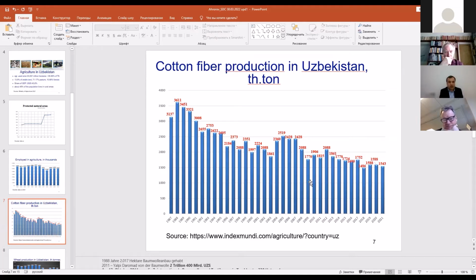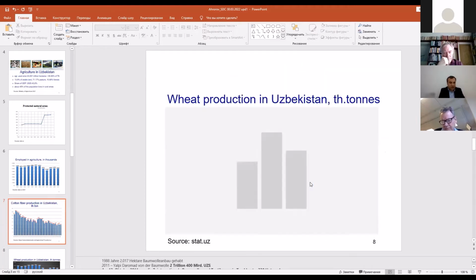Cotton production in terms of fiber is decreasing from its peak in the mid-80s of the last century. It was around 6 million tons of raw cotton, or 3.5 million tons of fiber cotton. Last year it was 1.5 million tons of fiber, and consequently land under cotton is decreasing year by year.